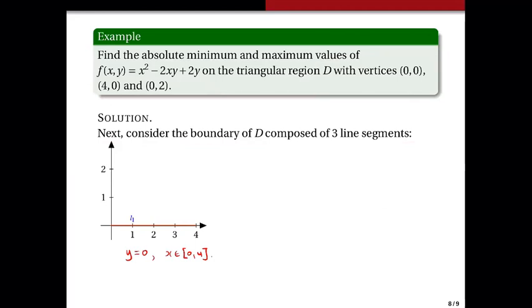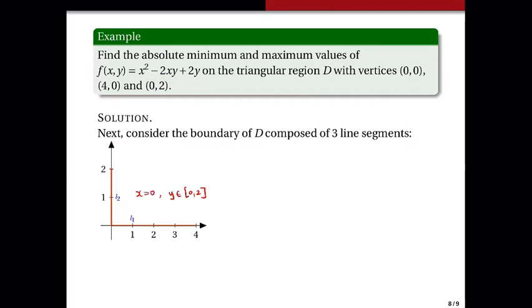As you can see, you substitute y equals 0 on this line, and the maximum value you'll get at x equals 4. For the second line, you have this. Line 2, oops, sorry, it's x equals 0, but your y runs from 0 up to 2.